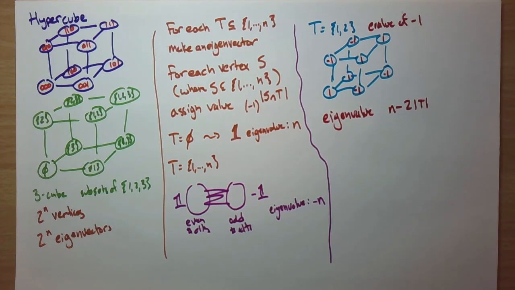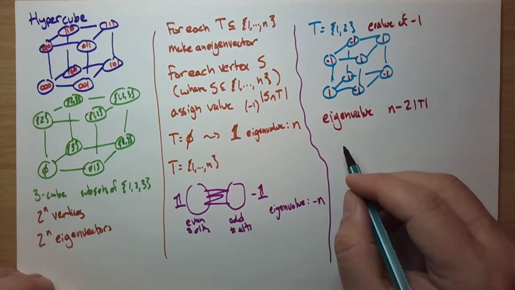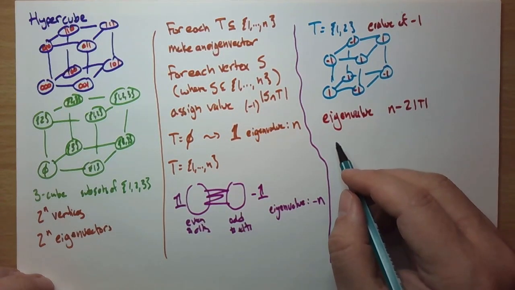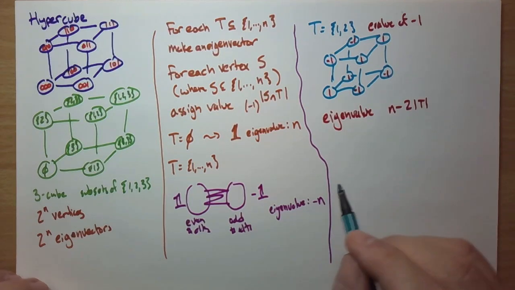But there is a fun thing to point out. That says that hypercubes have really, really nice eigenvectors. And so this leads into the sort of belief that hypercubes are nice, and they've been extensively studied. There's lots of reasons why people care about hypercubes.